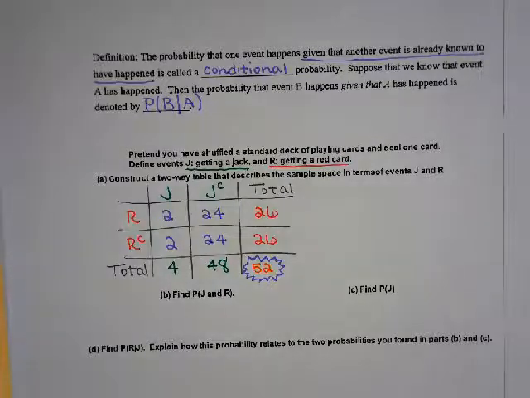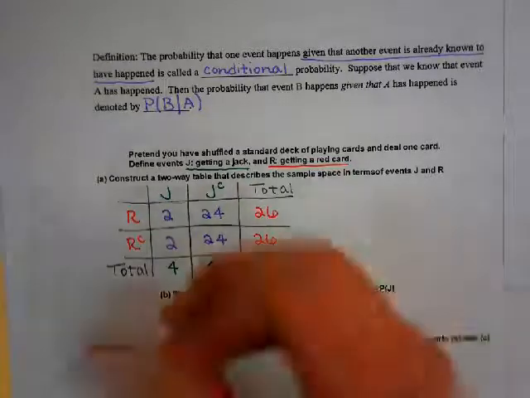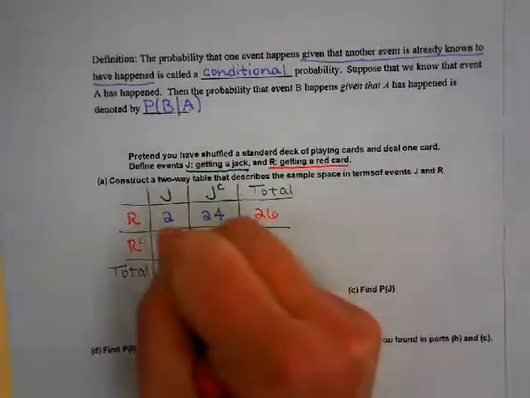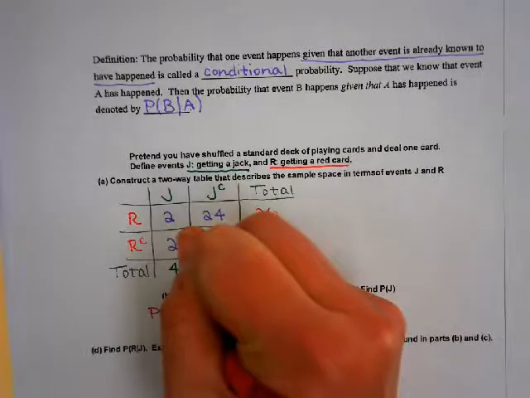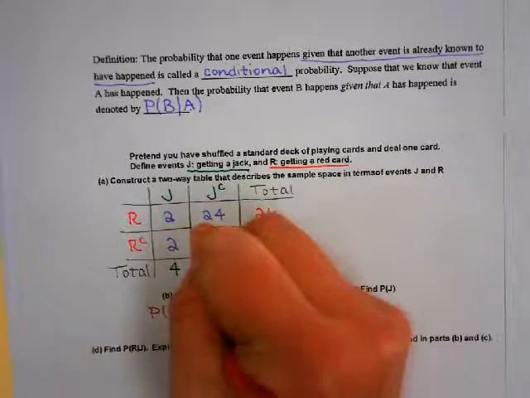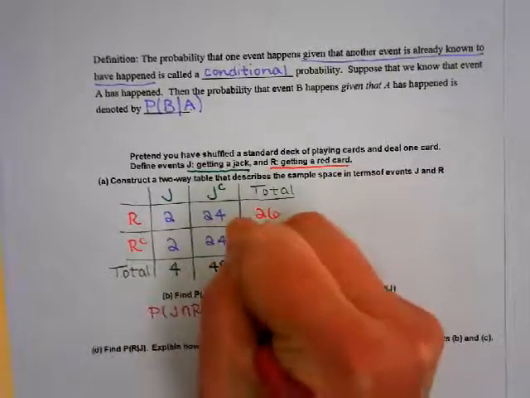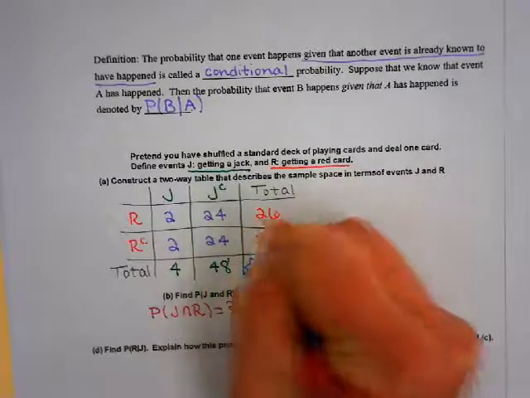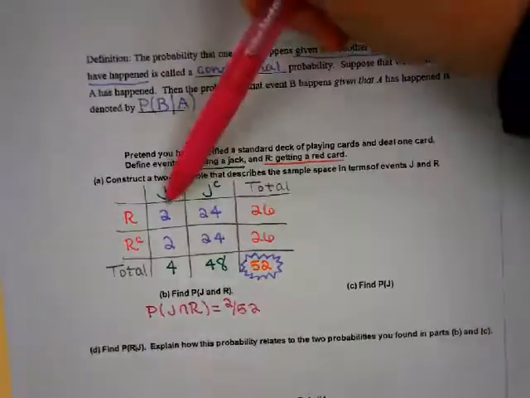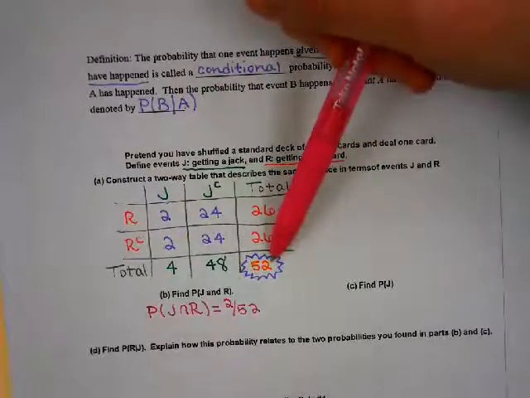Probability that our card is a jack and red is 2 out of 52. There are 2 red jacks total, and we have 52 cards we're picking from.